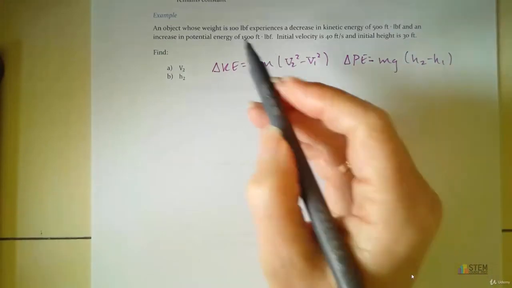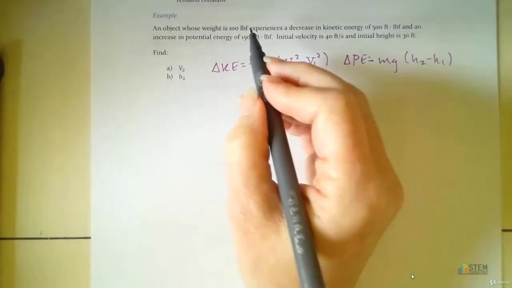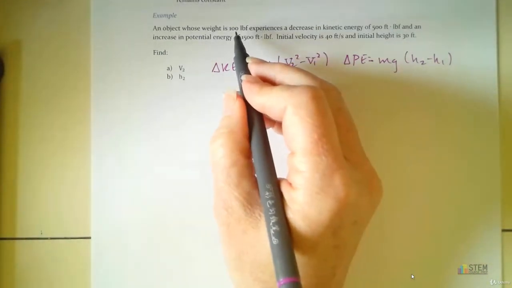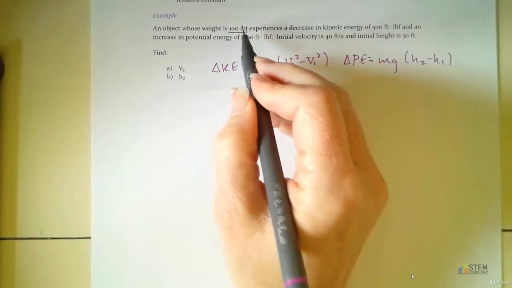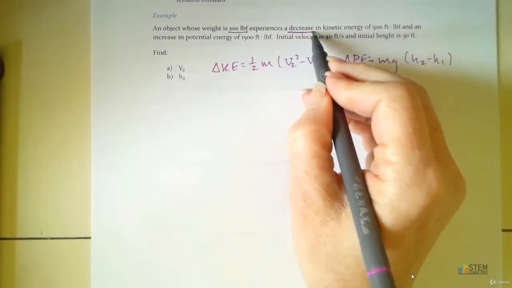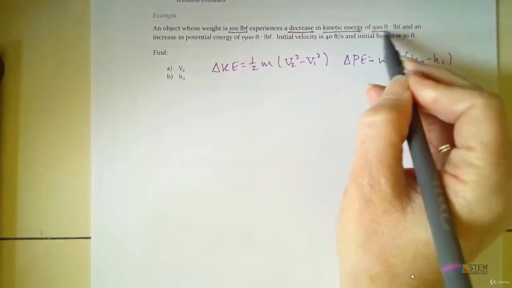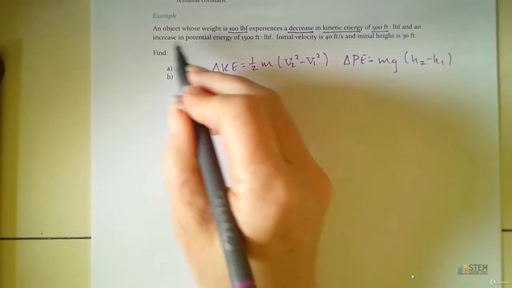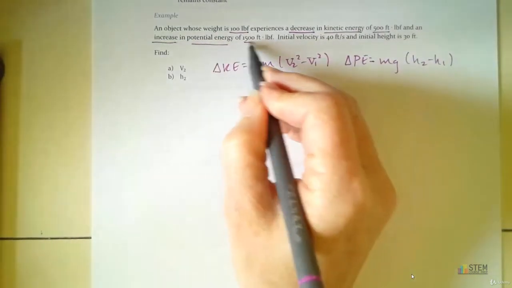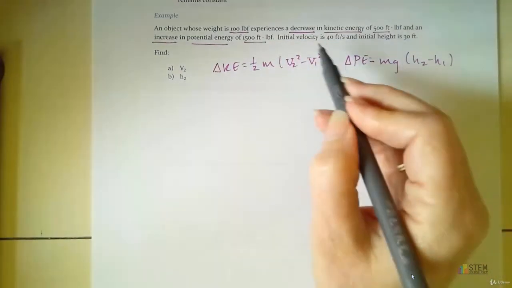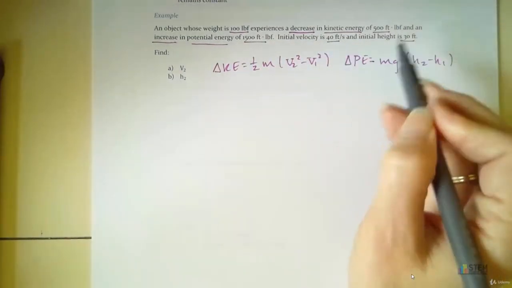Now let's go through here and make sure we've noticed all the details in the problem. So first we're given weight. We have a decrease in kinetic energy, gives you the amount. We have an increase in potential energy, there's the amount, and then you've got your initial velocity and your initial height.